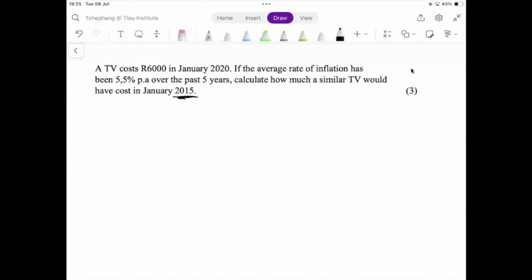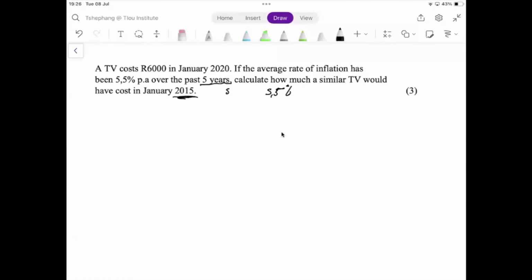How many years? 5 years. The interest rate is 5.5%. Now, what is it that you're looking for? You're looking for P. There we go.